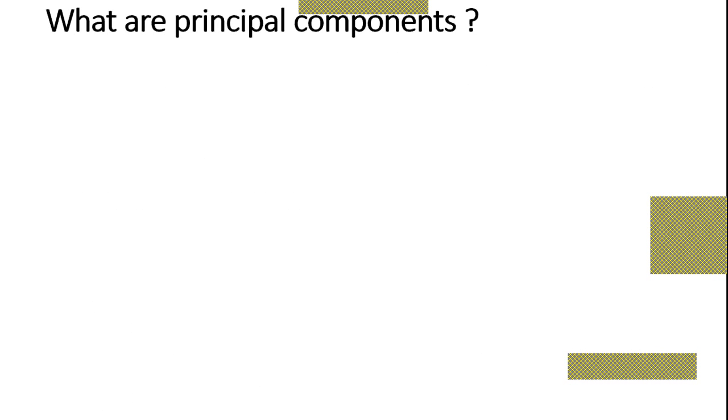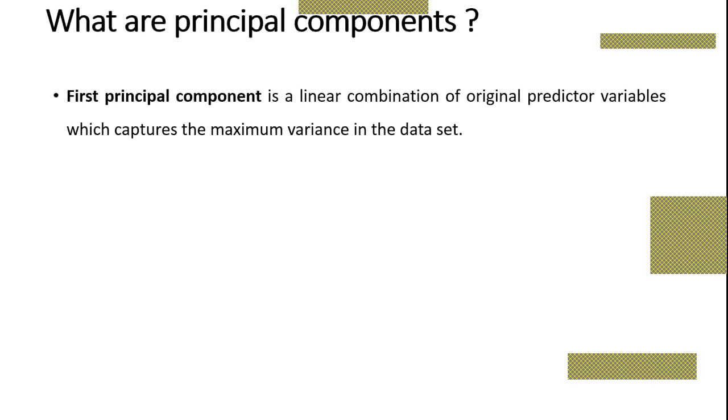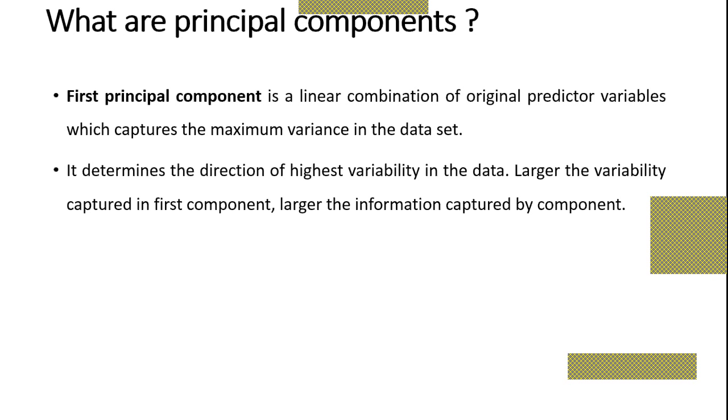Now, what does principal component mean? The first principal component is a linear combination of original predictor variables which captures the maximum variance in the data set. It determines the direction of highest variability in the data.